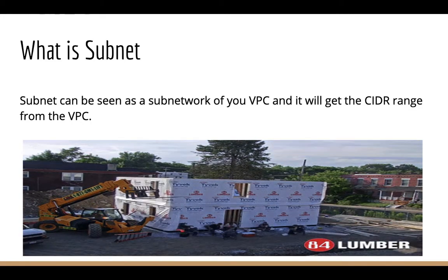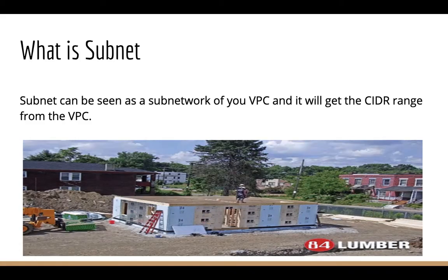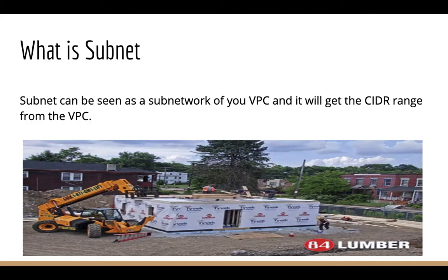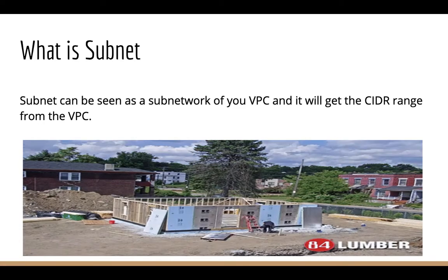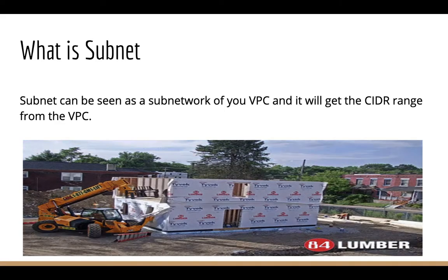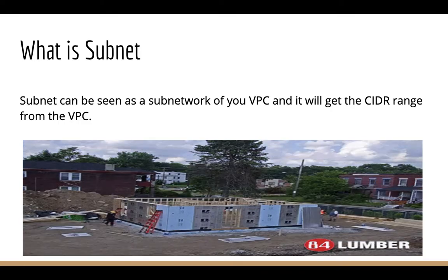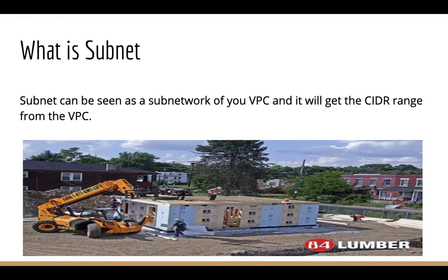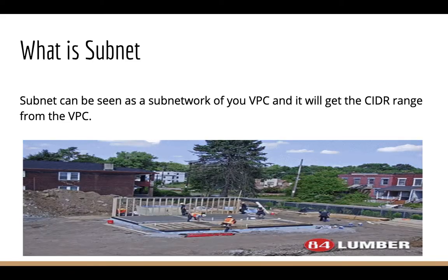One more thing that I want to add here is AWS VPC is a regional resource. Once you create a VPC, that VPC will live inside a single region only and can't be used outside of the region. If you are not aware what a region is, then let me give you a very basic introduction. A region is a geographical location that has multiple availability zones inside it.